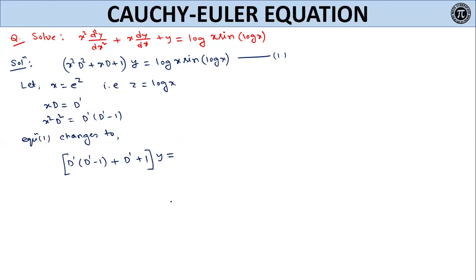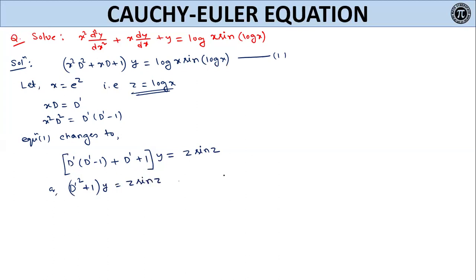And what is log x? Log x means z. Here you can see log x means z, so you can write z into sine z, yes or no? Z into sine z. Now just simplify this, so you are getting here d dash square minus d dash plus d dash cancel plus 1, into y, equals z sine z.